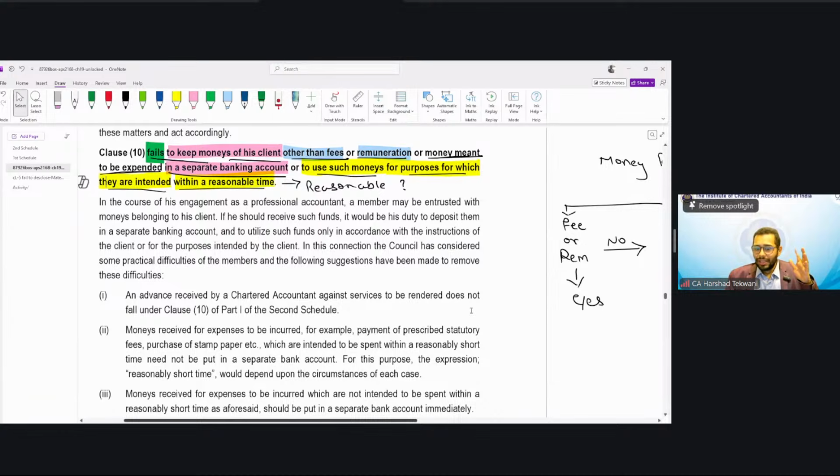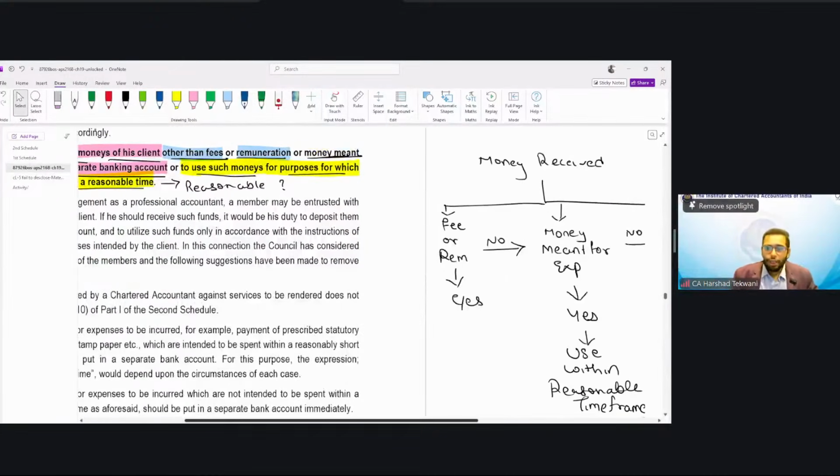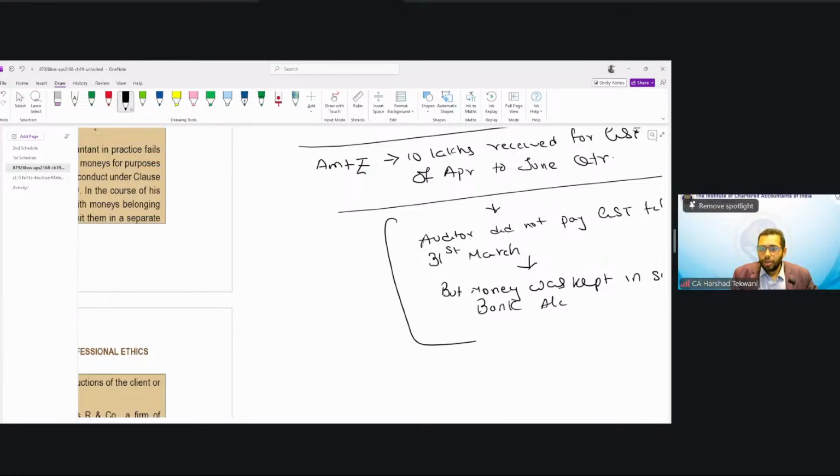So in the scenario we were discussing, if you do not pay, clause 10 will be applicable, because you cannot take the defense that you have kept the money in a separate bank account, when a separate provision of the same clause requires you to spend the money for the purpose for which it was received within the reasonable time frame.